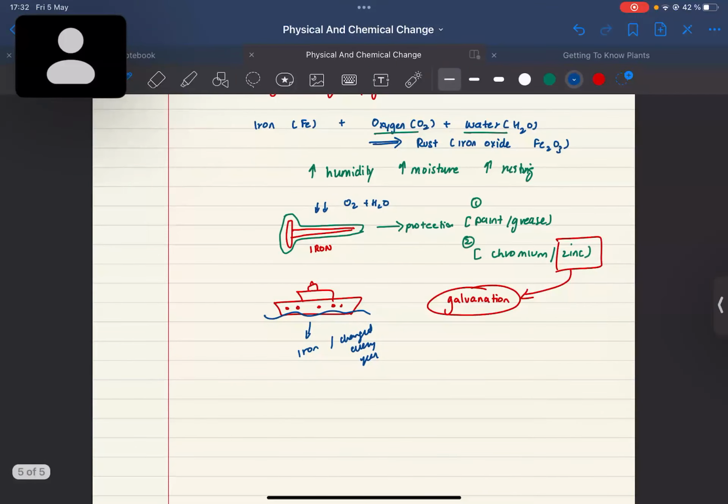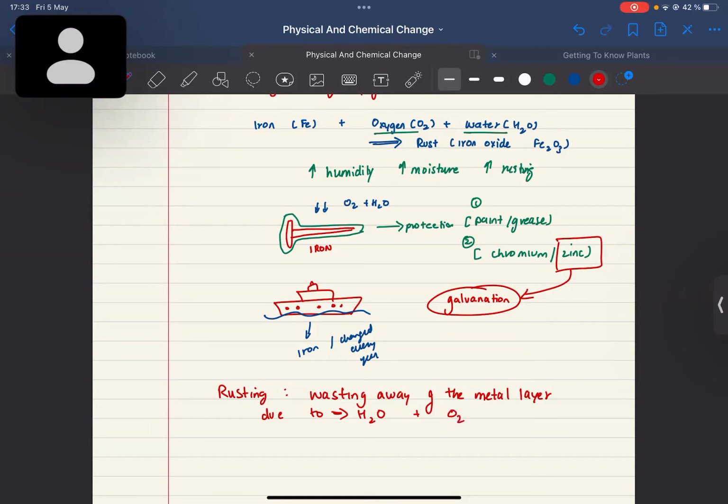Another term, people: another word for rusting. In the exam, they might ask you this word also. Rusting is basically the wasting away of the metal layer due to the presence of water and air, that is oxygen.